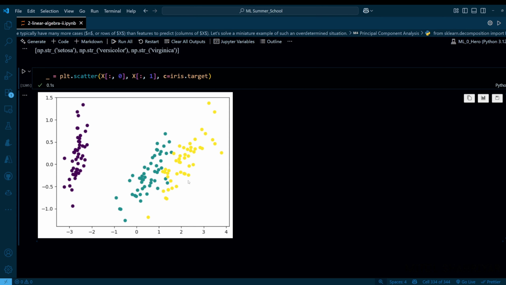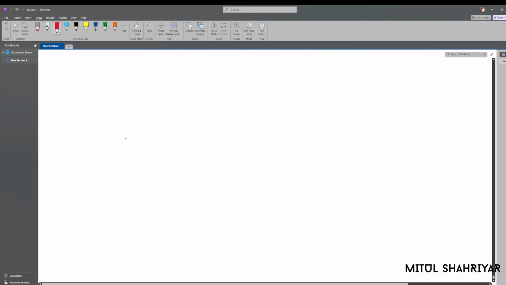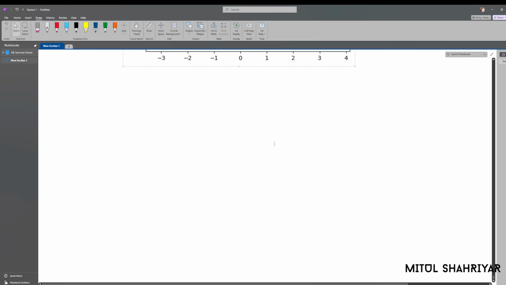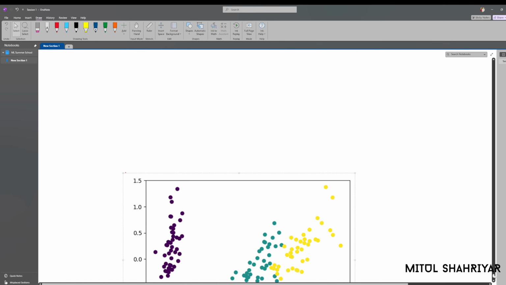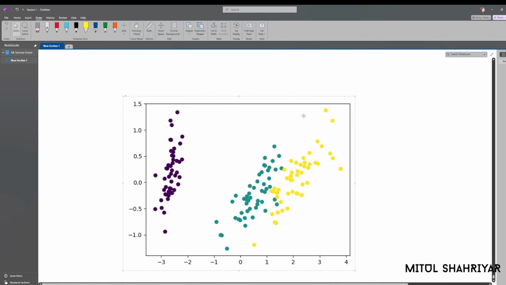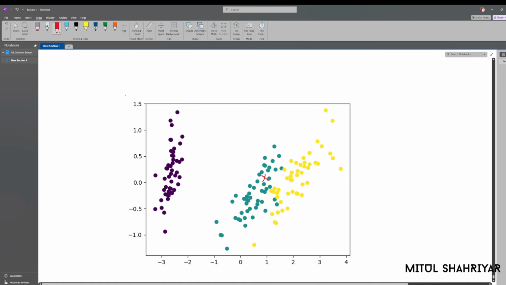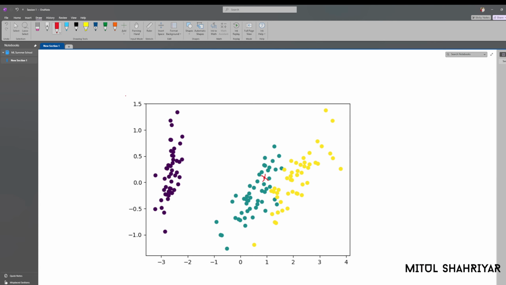So we had 150 flowers, but we can understand that these are the data points for setosa, these are for versicolor, and these are for Virginica. Now if a particular new flower comes up and the teacher asks what this flower is, if we have a point here, as we have lots of data here, it can be versicolor.